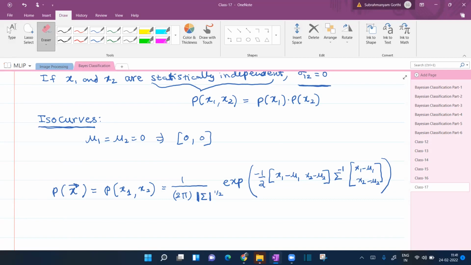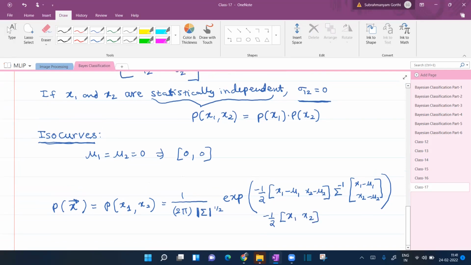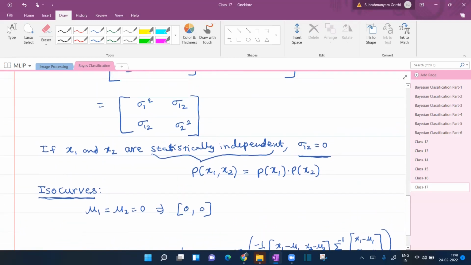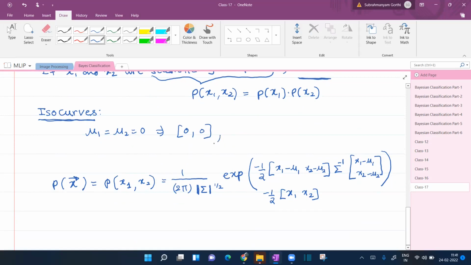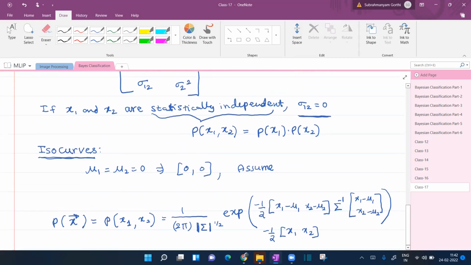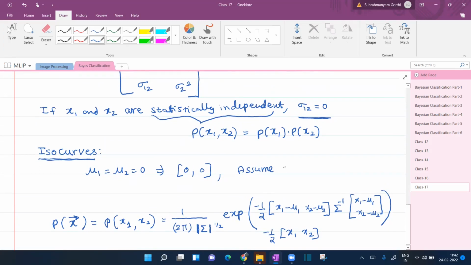Now I'm further simplifying this. I would make mu1 and mu2 0. So for a two-dimensional case, I have x1, x2, and sigma inverse. Let me also assume here statistical independence.